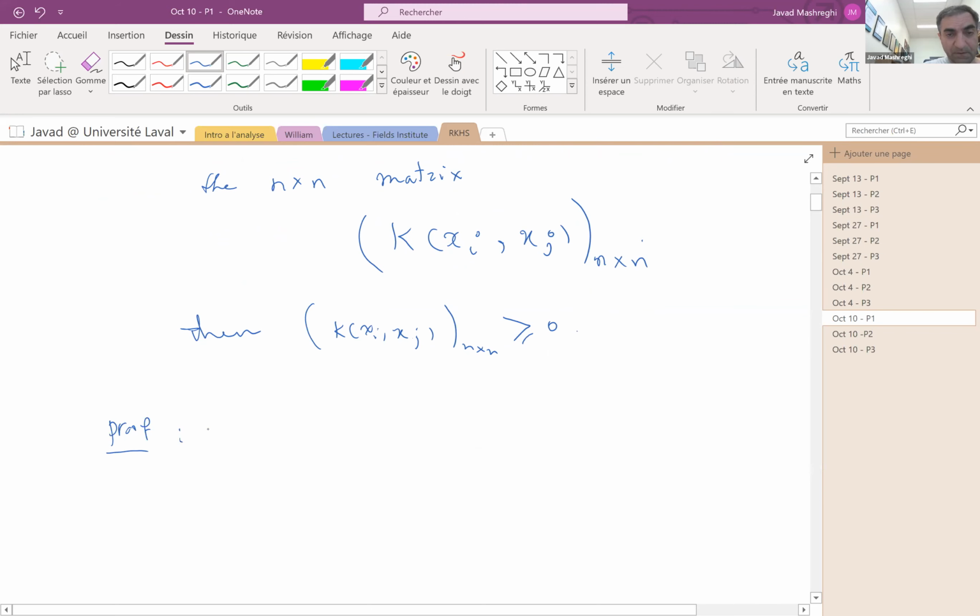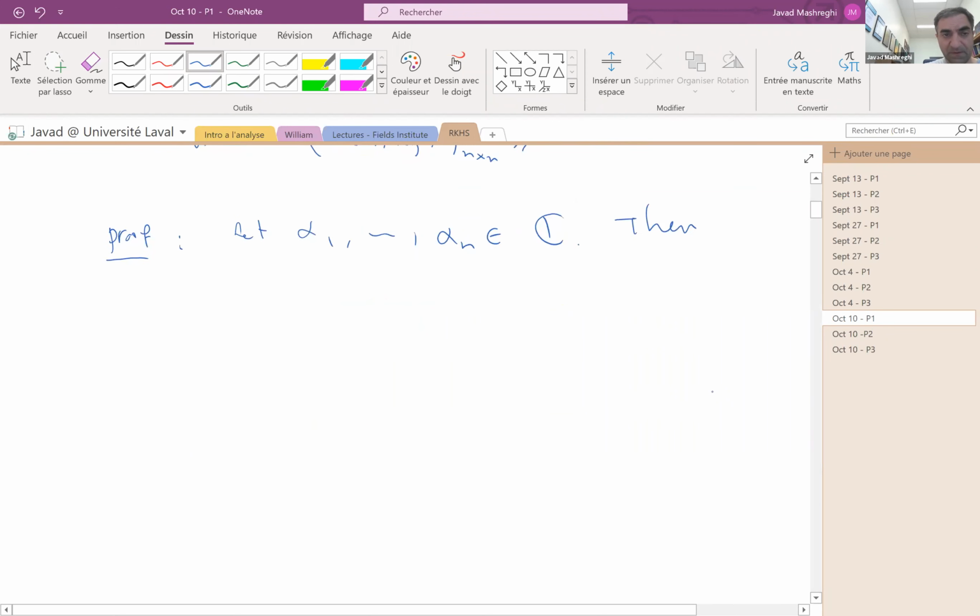Proof. How do we show that a matrix is positive? We make that double sum, and we need to show that that double sum is positive. Here is a double sum. Let alpha 1 up to alpha n be complex numbers, and considering complex is important. You cannot just stay with real numbers. Then the sum over i and j.